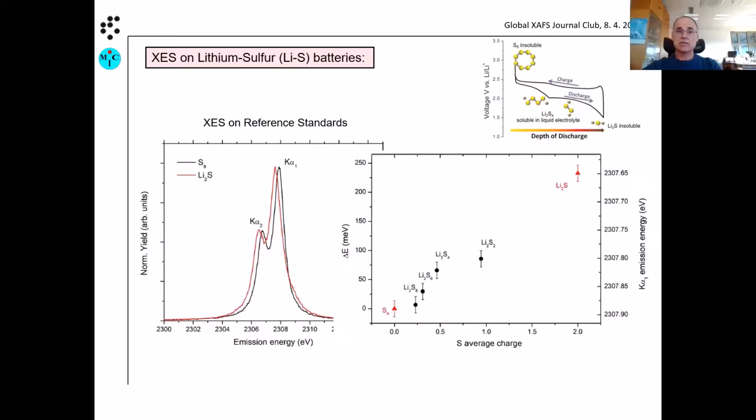And when you measure this, you see it very nicely. We know about this linear relation over the broad energy span across different oxidation states, but now we are speaking about a very tiny interval. And you can see that you get a very nice correlation, even though the shifts are very small.